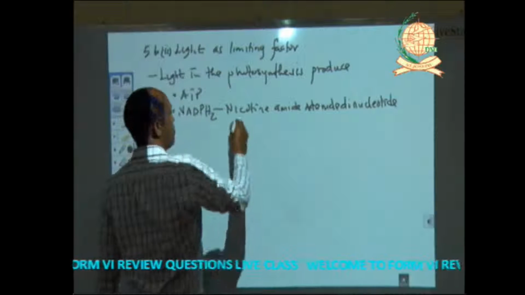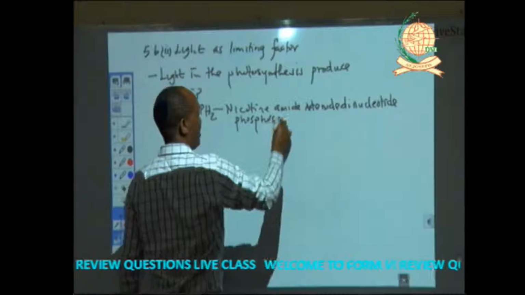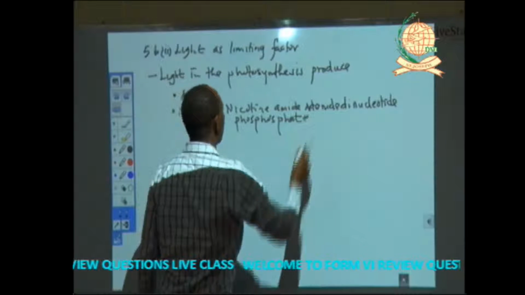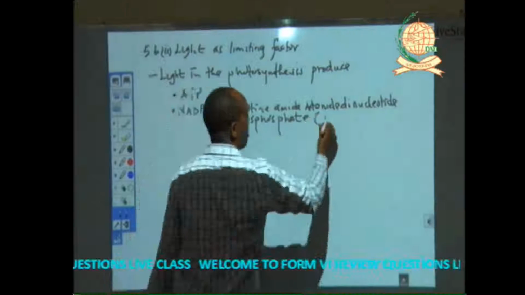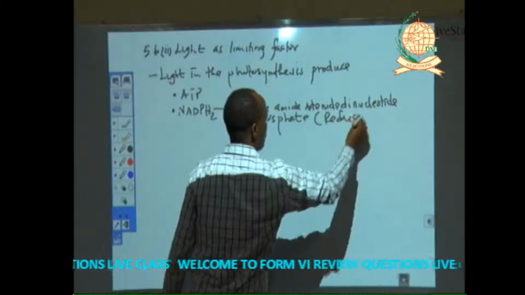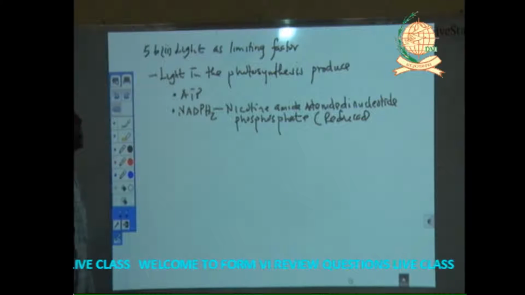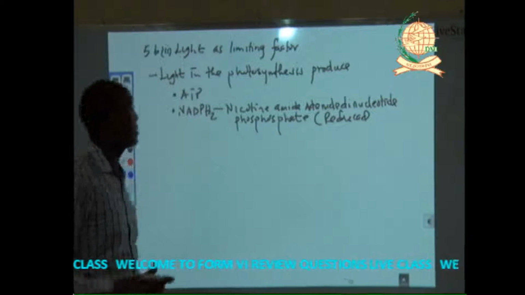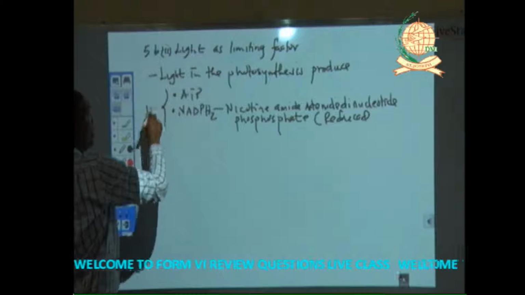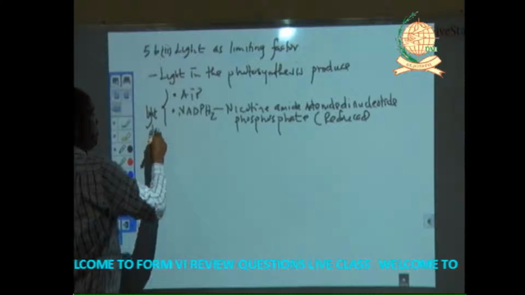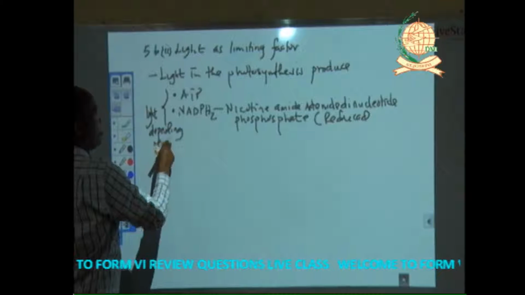Dinucleotide phosphate. Since it has hydrogen here, it is reduced. So these two products are produced in the light dependent reaction.